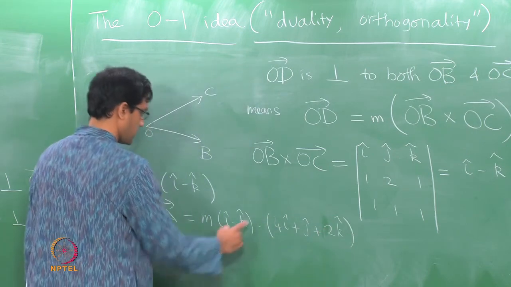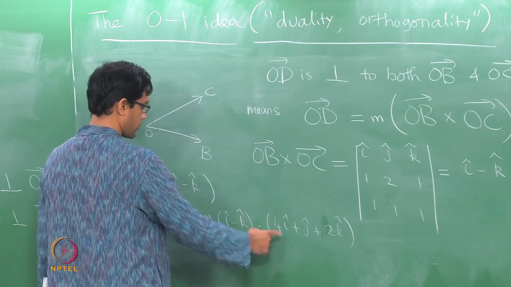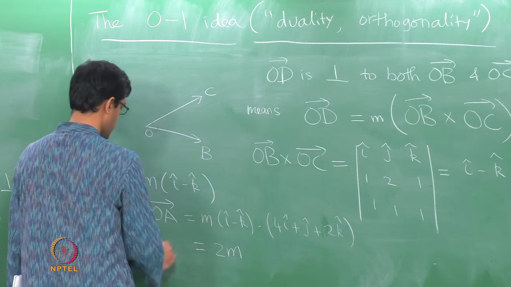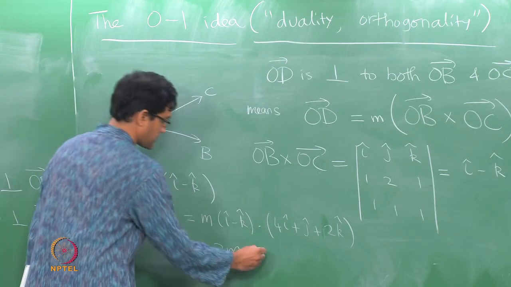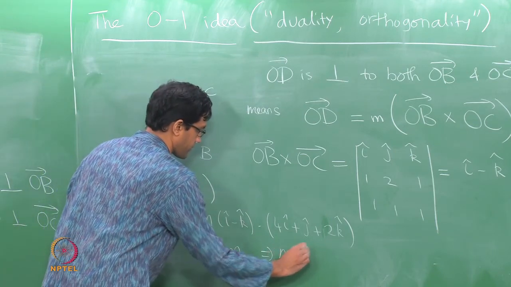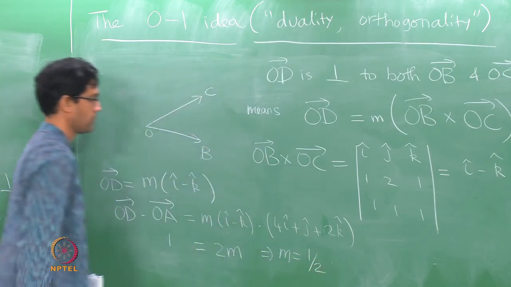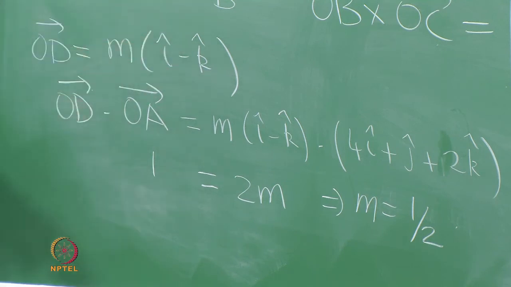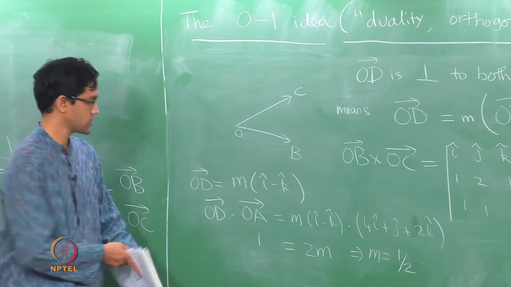So the dot product rule gives me 4 minus 2, so that's 2, so I get 2m, and this is supposed to be 1, right. So this tells me that m is half. So in other words, the OD that you are looking for is just half of i minus k. Okay. So that tells you what the solution is.